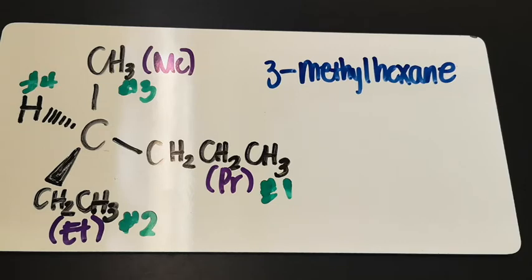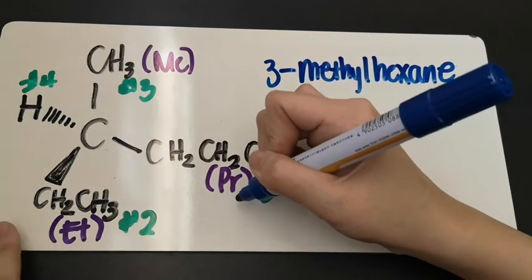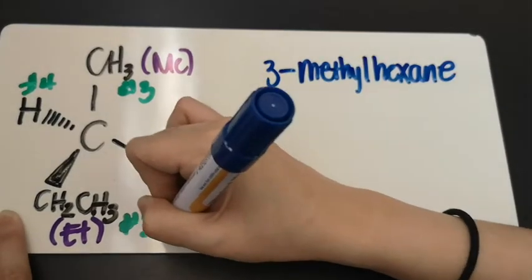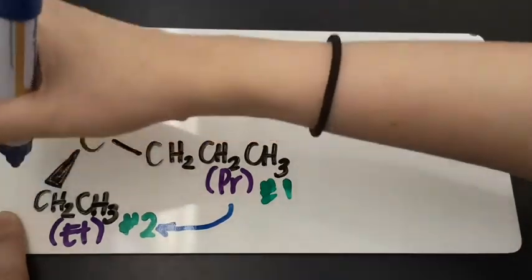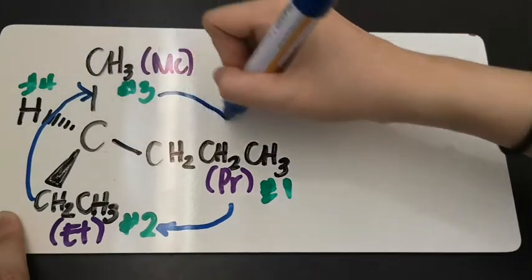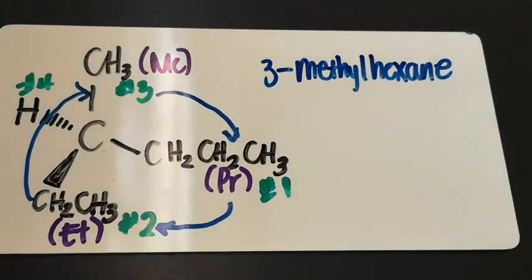So if you draw a curved arrow going from the highest ranked to the lowest ranked, we go from 1 to 2, and then 2 to 3, and then 3 to 1. The direction of the curved arrow follows the clockwise direction, and therefore we assign the R configuration to this enantiomer.